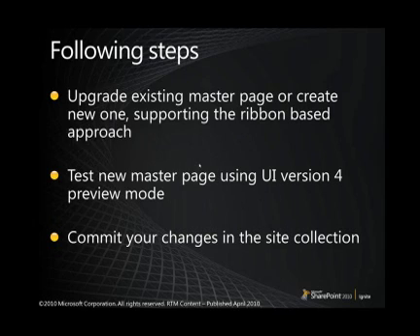But that's a case by case decision which has to be made. But whenever the new master page is actually available, we can use the UI version 4 preview mode to make sure that it's working properly, and we can test the ribbon functionalities and all of these advanced functionalities which will become available when the ribbon is actually rendered within the UI.